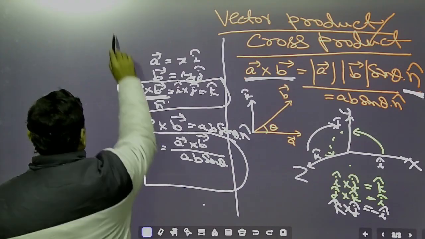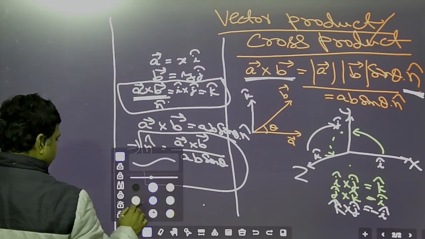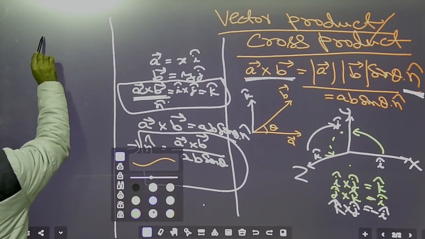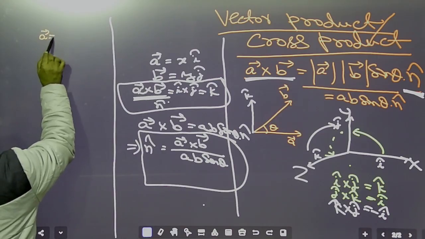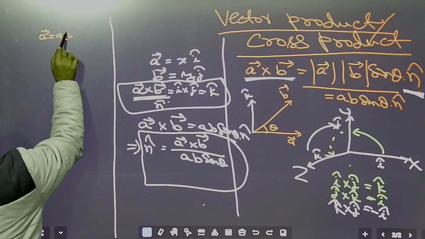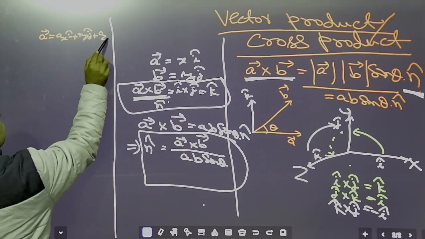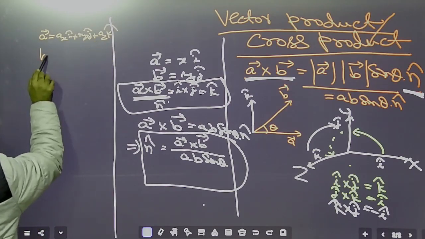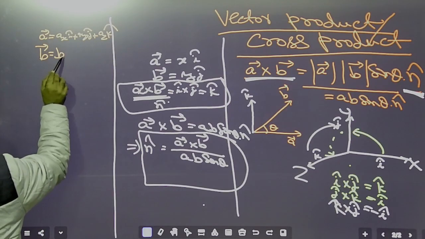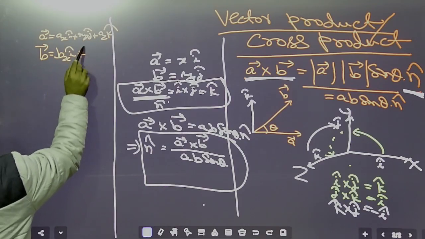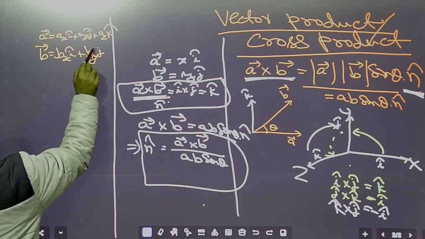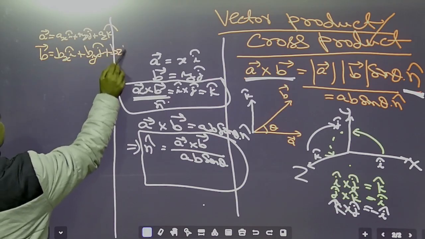Another way is that if we are given the rectangular components, suppose A is equal to AX i cap plus AY j cap plus AZ k cap. Similarly, B is equal to BX i cap plus BY j cap plus BZ k cap.